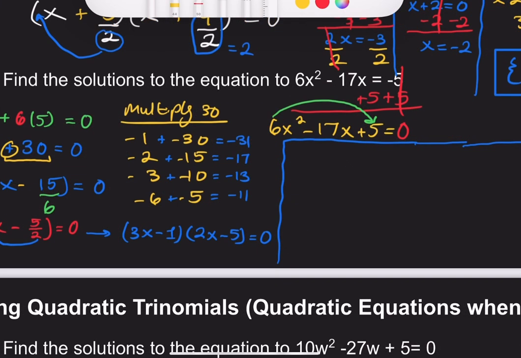All right, so now we can use the zero product property. Set both pieces equal to 0 and solve for x.